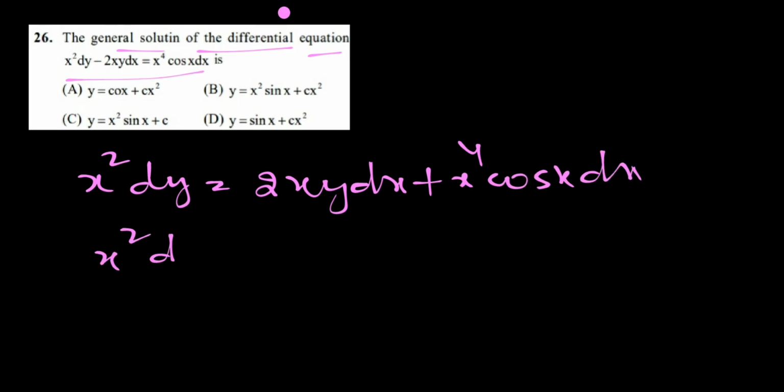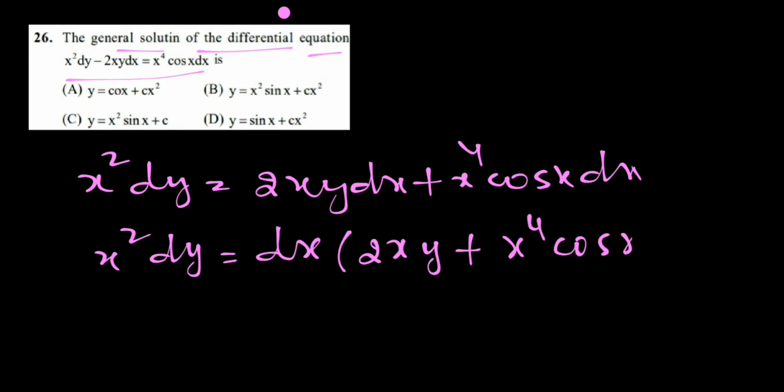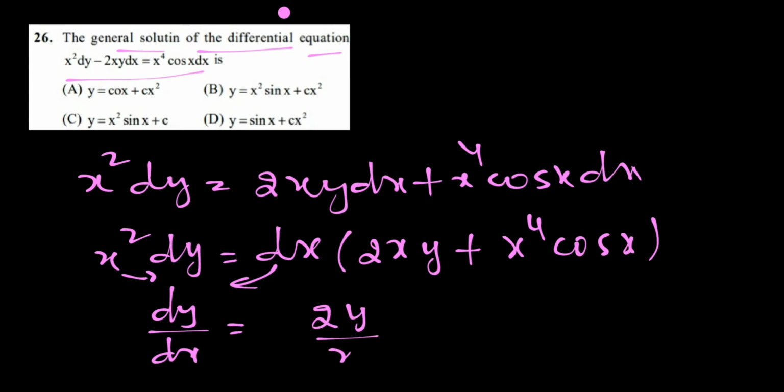X square dy is equal to dx times, if you take common, 2xy plus x power 4 cos x. So dx sent to the left side, dy by dx is equal to x square sent to the right side, in the denominator you will get 2y by x, cancellation, here 1 x square cancels, remaining x square cos x.